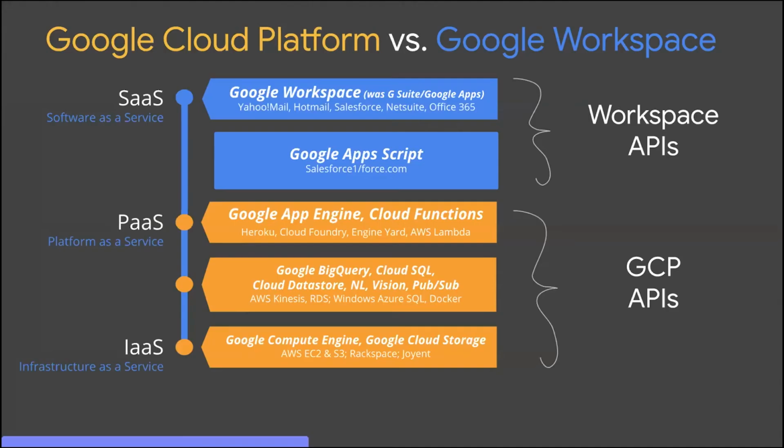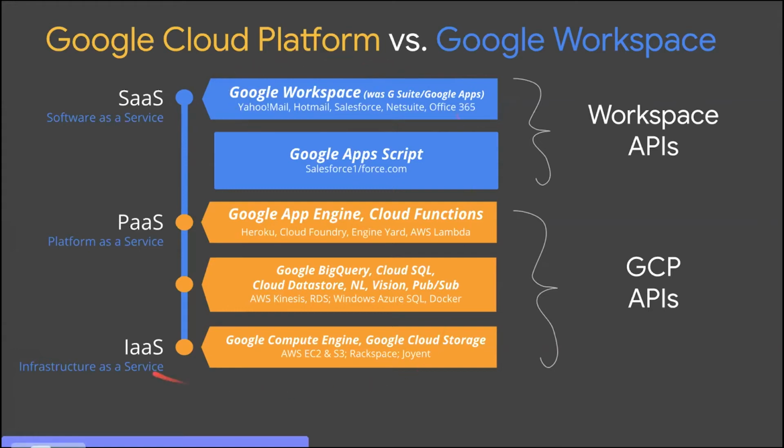Okay, so that's that. A little bit about where do these products stand as far as cloud computing goes. So of course, cloud computing is divided up into three major service levels. So we have software as a service at the top, which is just basically online apps. So anytime you use an app and you have to go to a web browser or your mobile app to use it, that's probably a SaaS application, like all of the workspace apps, including O365 or Salesforce or any of the email services that are well known.